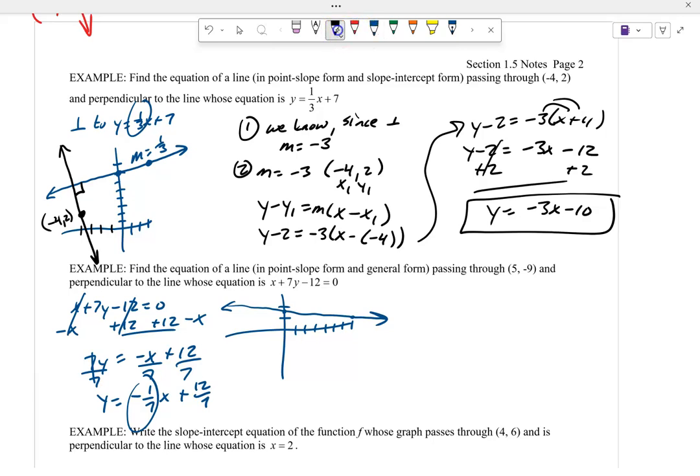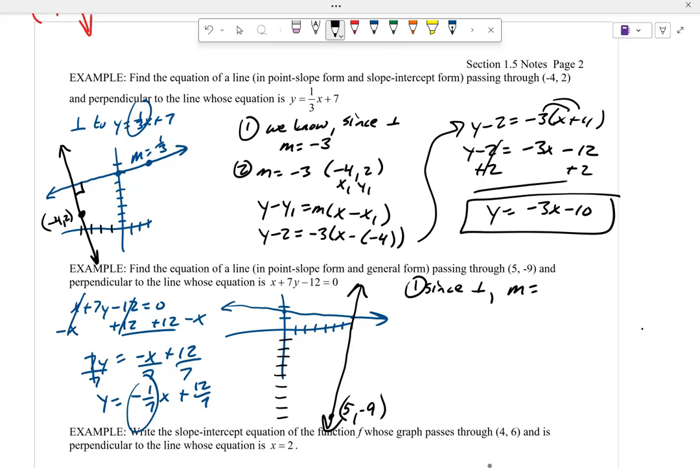We're trying to draw an equation of a line that's perpendicular, and it goes through (5, -9). That kind of thing right there. So I go through (5, -9). Since perpendicular, the slope of the blue line is -1/7.